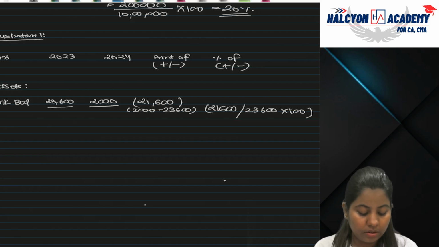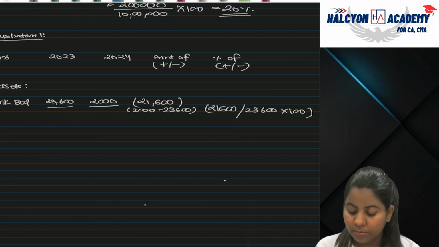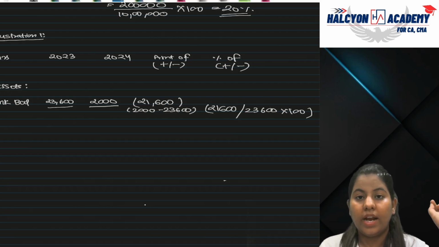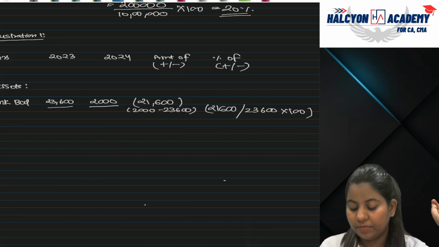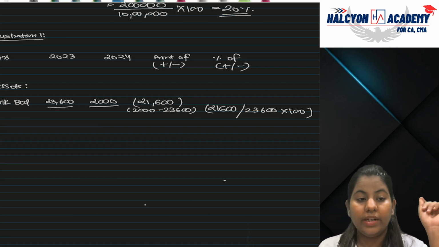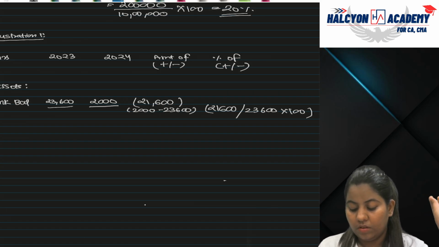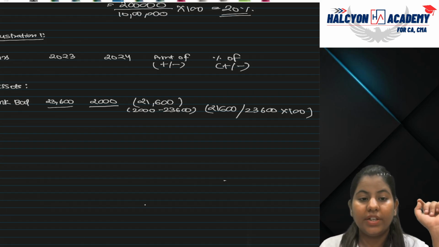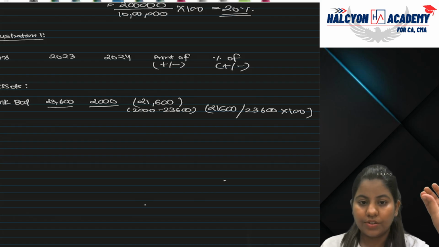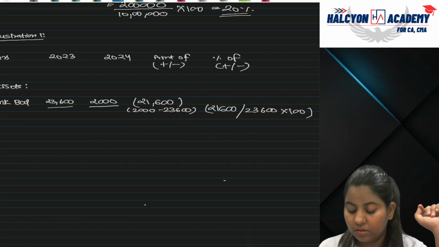What will be the answer? Please quickly calculate it and tell me the answer. 21,600 divided by 23,600 into 100.